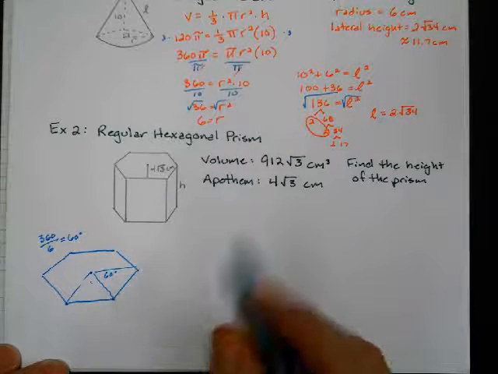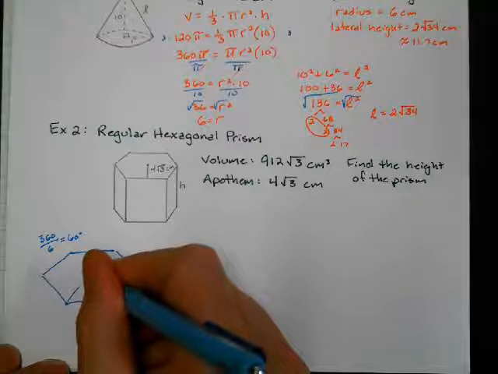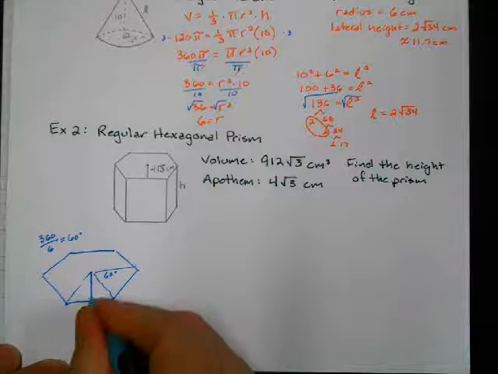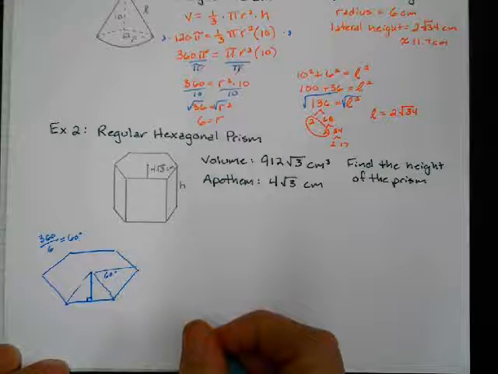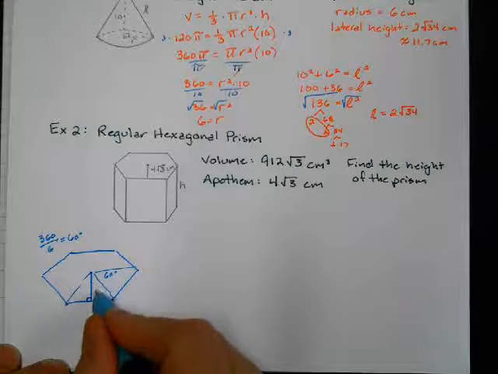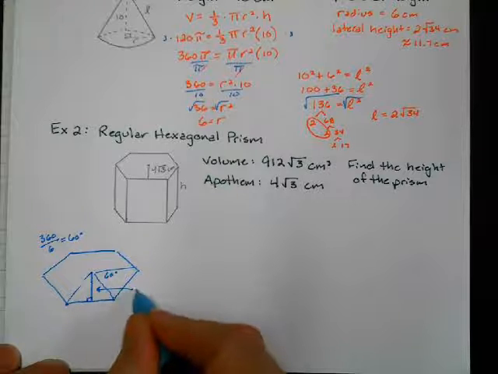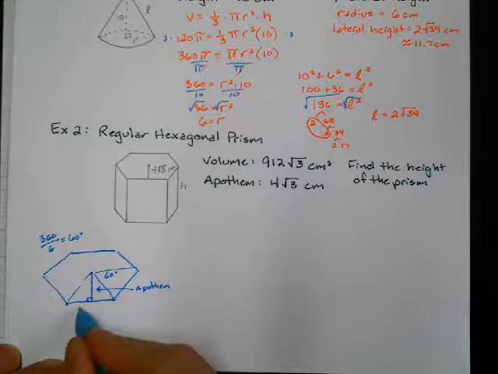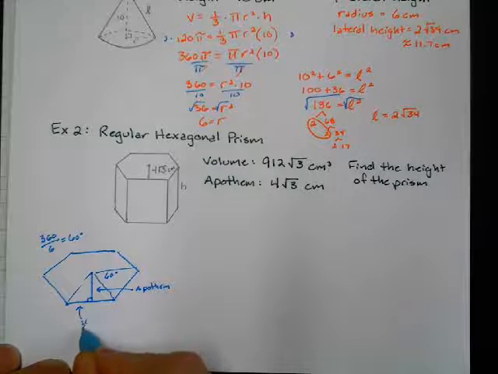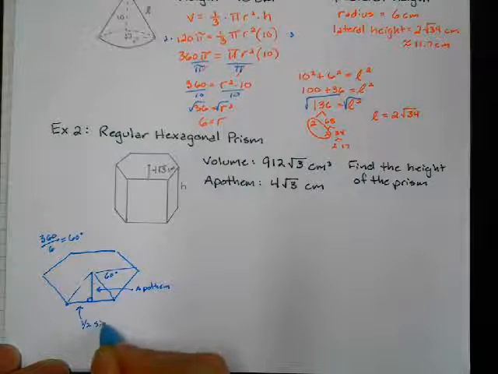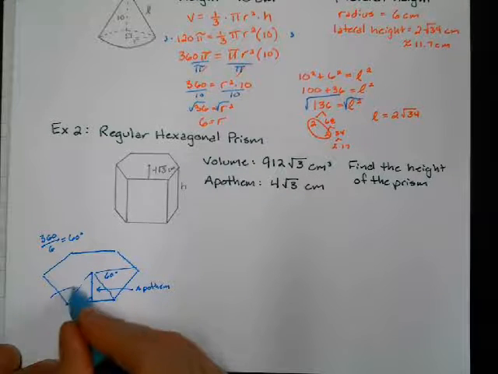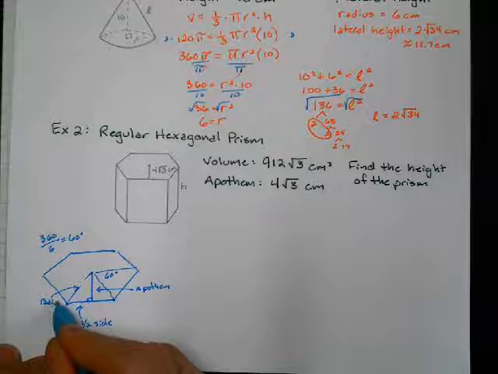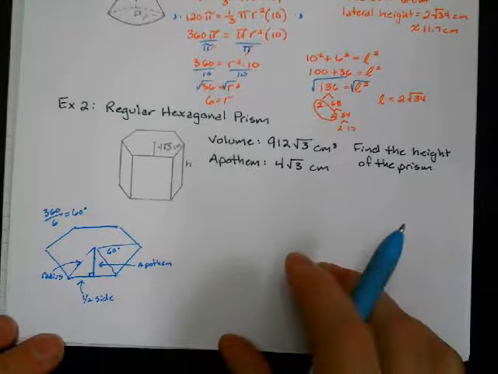We found out that the apothem cuts one of those sides directly in half. And so this was the apothem. This is half the side, and this is the radius of the hexagon.